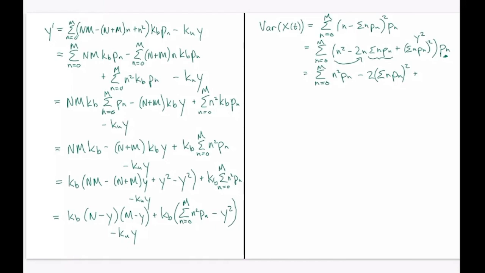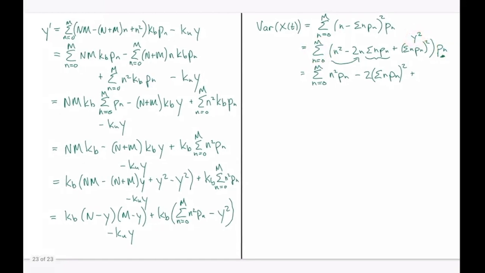When I add up the sum over all the probabilities multiplied by y squared, the sum of all the probabilities is just 1. This is independent of n, so I'm just left with y squared. And this term is also y squared.